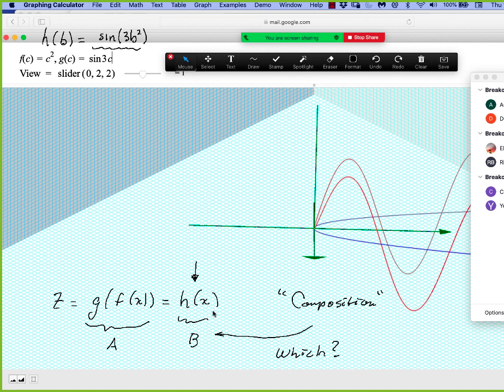So this one where we made it just sine of 3x squared, this version of the composition, is like eliminating the middleman. I'll give you the first value and you'll give me the final value. It becomes a one-step process, no middleman.